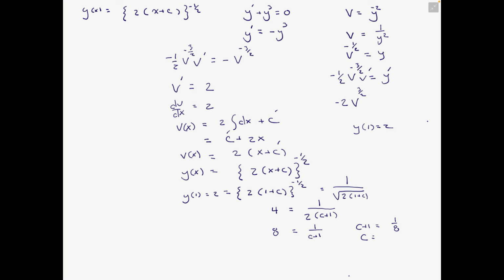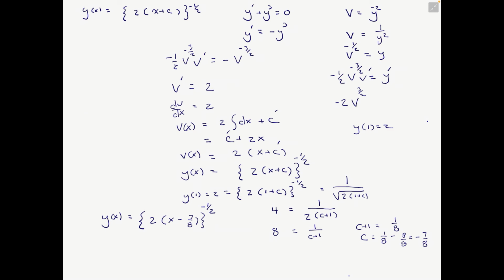So c equals 1/8 minus 8/8 equals minus 7/8. So we have then y of x is equal to 2 times x minus 7/8, raised to the minus 1/2. So where is that defined?